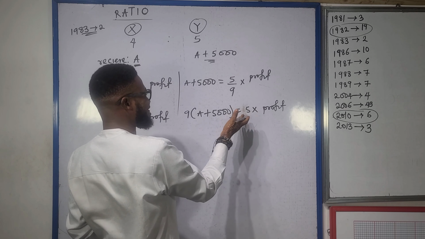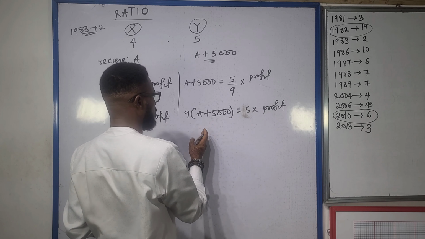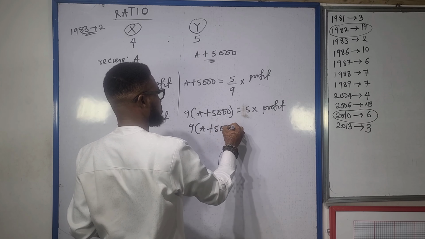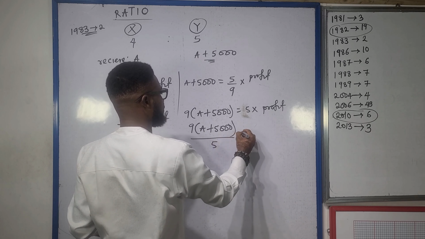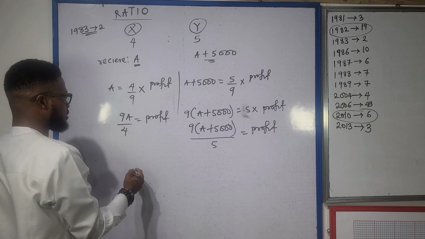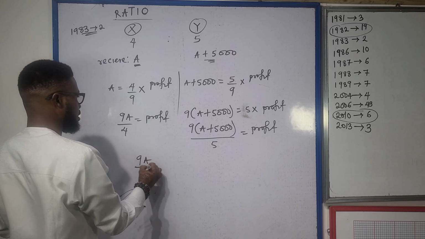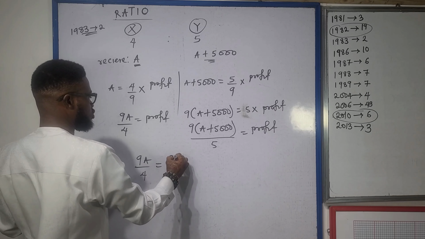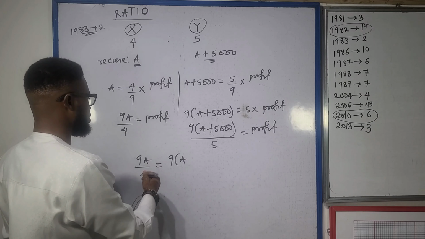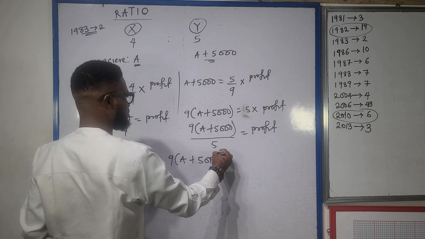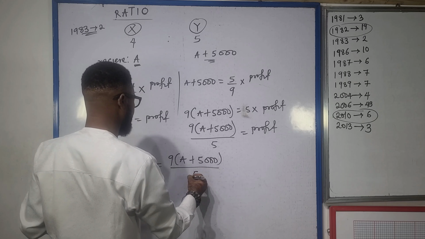Okay, so that means that 5 is going to come here. So I'm going to have 9 into bracket A plus 5,000 divided by 5. That is the profit. The profit obviously equals, so you're looking at 9A over 4 equals 9 into bracket A plus 5,000 divided by 5.